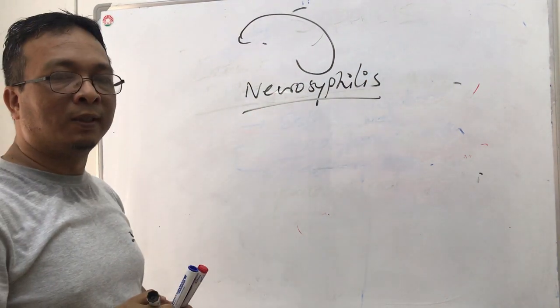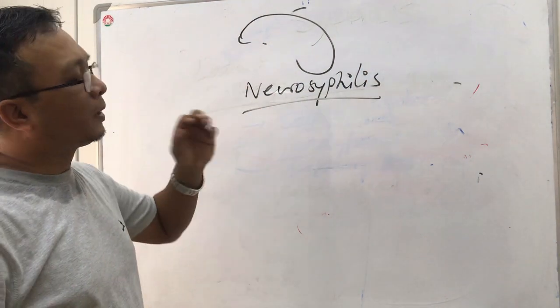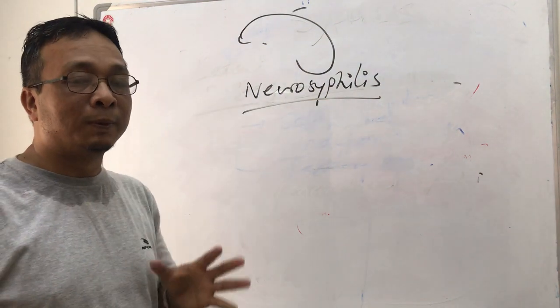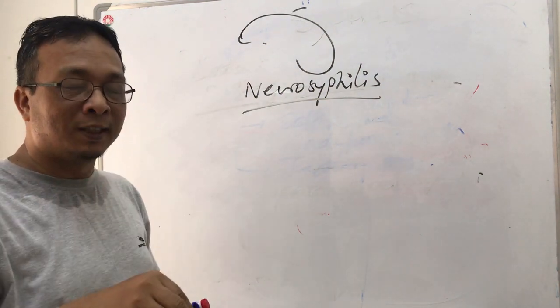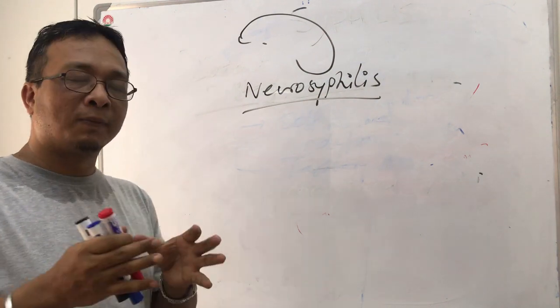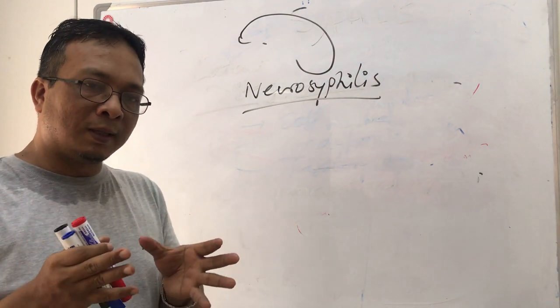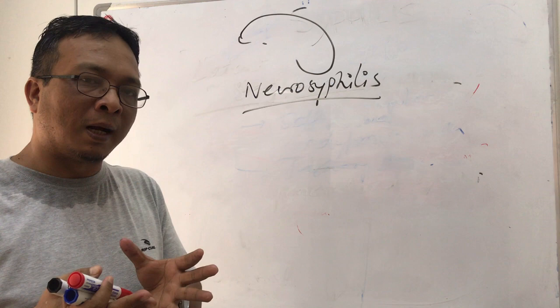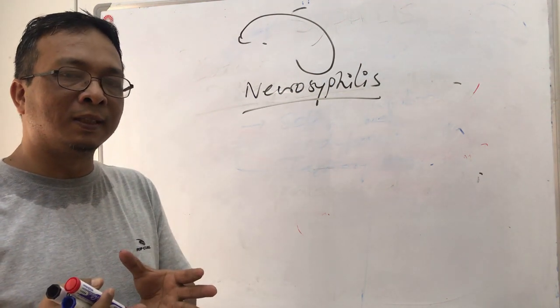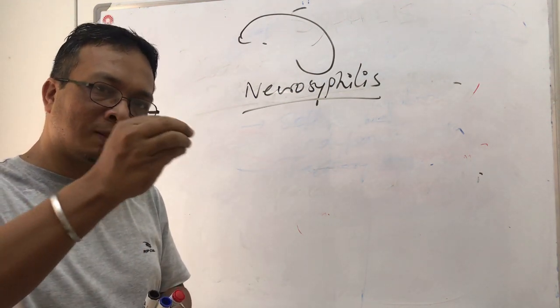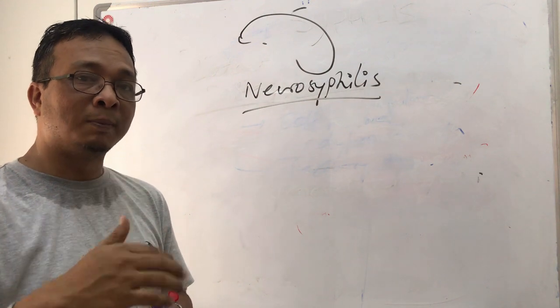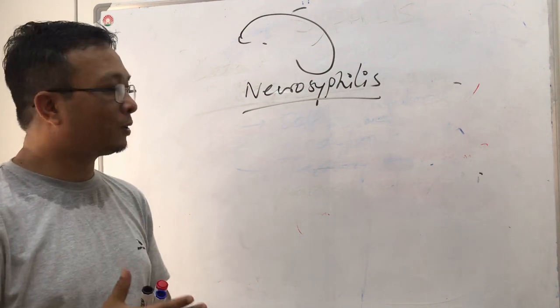In neurosyphilis, the bacteria is said to be present in the CSF. But let me tell you that in the late part of the early stage or in the secondary stage also, this bacteria can be present in the CSF, though they may not show any signs and symptoms of neurosyphilis.